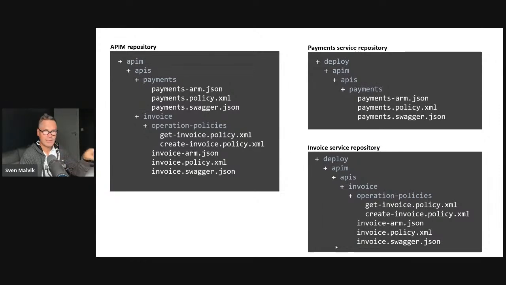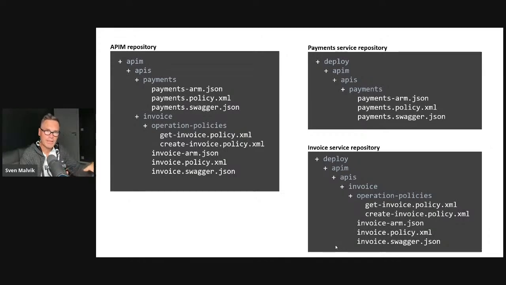What's important here, and I want to dive into this very shortly: if we look at the payments example, we have an ARM template, a policy, and the API JSON. We are actually just interested in the JSON, the Swagger file, because that's what we know. What we will learn about a little later is the policy for Azure API Management, because it really lets you change the behavior of those APIs.